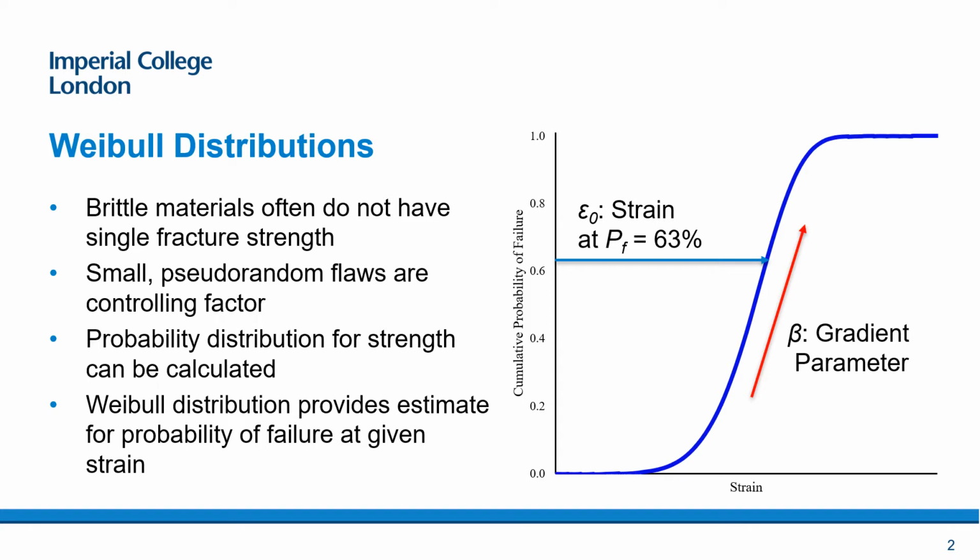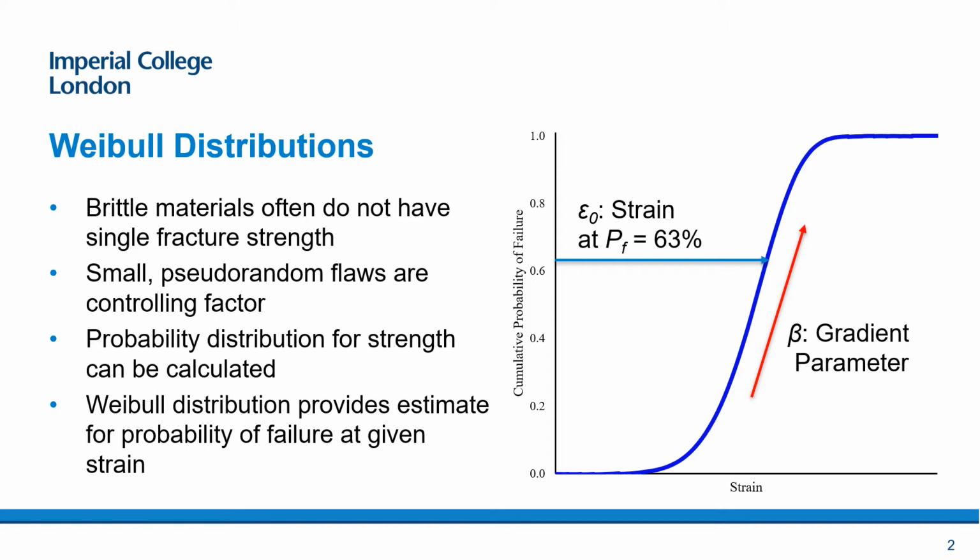in peridynamics. So often in peridynamics we're talking about modeling brittle fracture, but in reality, brittle materials often don't have a single fracture strength like where we have our single S0 value in peridynamics. So in real brittle materials, you get these small pseudo-random flaws, and you get stress concentration around these.